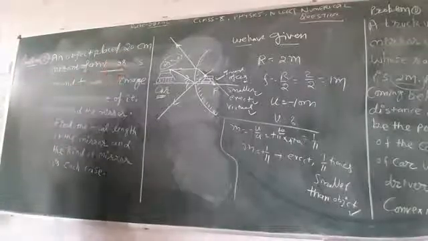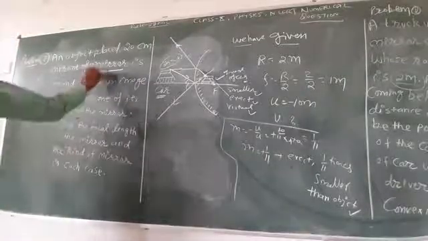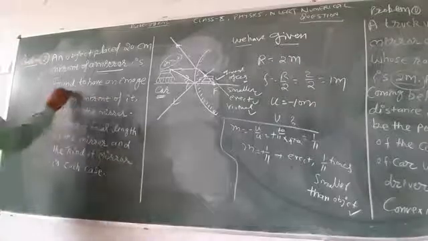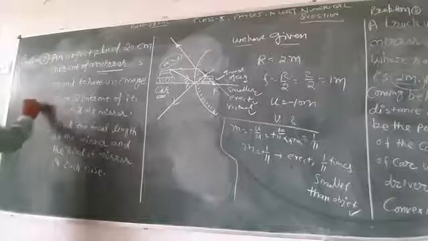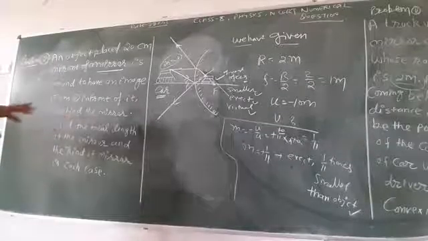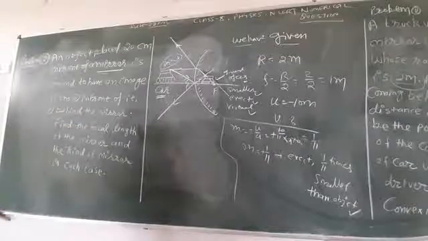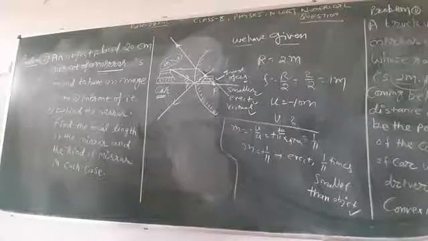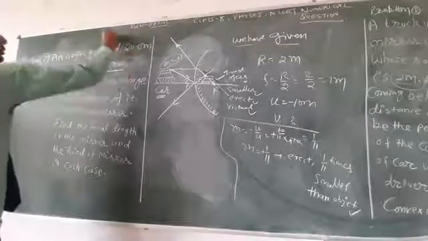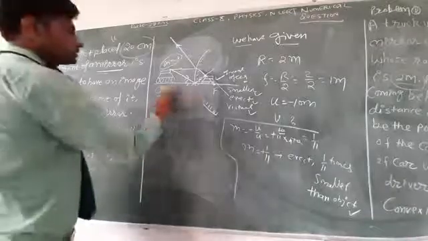This is the mirror, and we don't know whether it is convex or concave. It is found to have an image 15 centimeter, this is the value of V, in front of it and behind the mirror. Find the focal length of the mirror and the kind of mirror in each case. This is the value of U. So we can solve it.